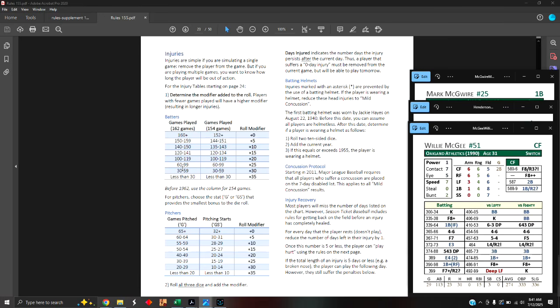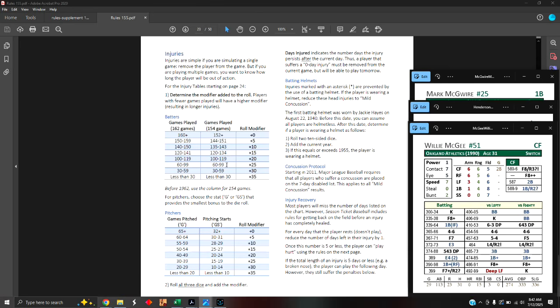Now, before 1962, they only played 154 games, so you would use this column. Likewise, in strike-shortened seasons, '94, '80, '81, what I do is a percentage: how many games did the player play divided by the number of games the team played that year.